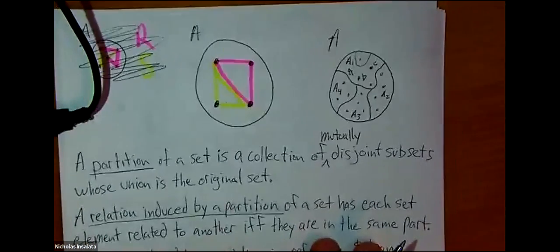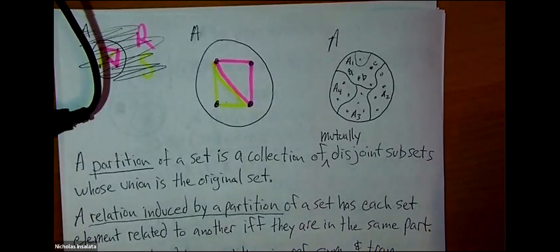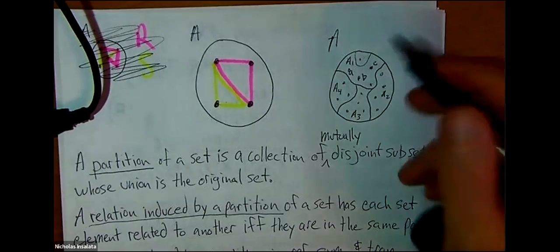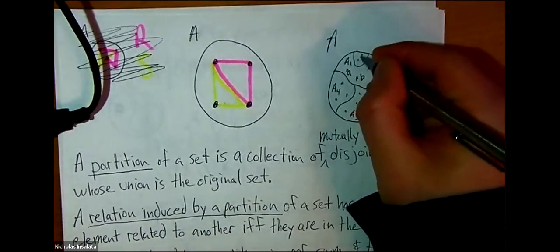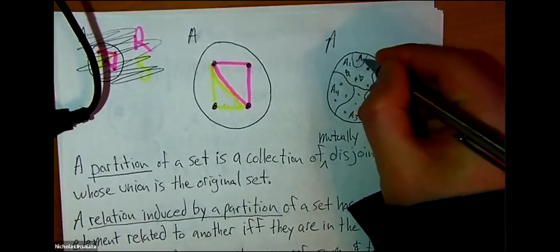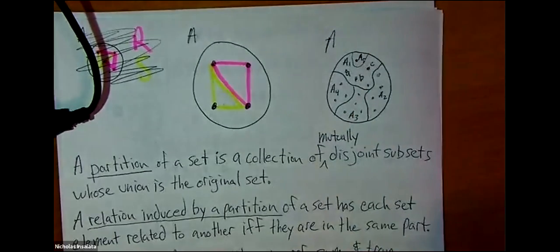Maybe you can see where we're going with this. If I have a relation induced by a partition, what are the equivalence classes going to be? So here's the parts. Yeah, exactly. If I have a relation induced by a partition, let's call this A5, so I'm being consistent here, it just has one thing in there.